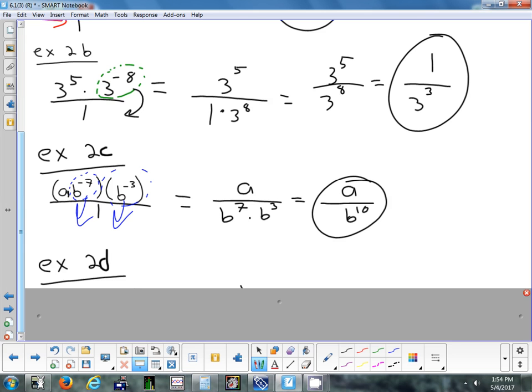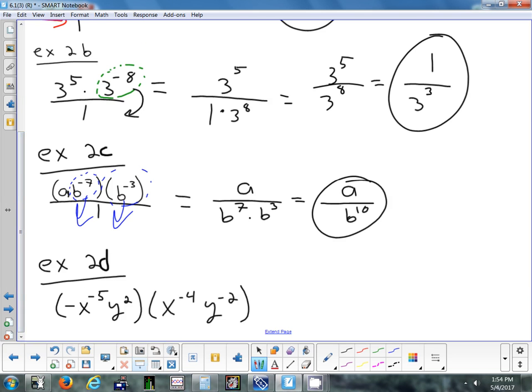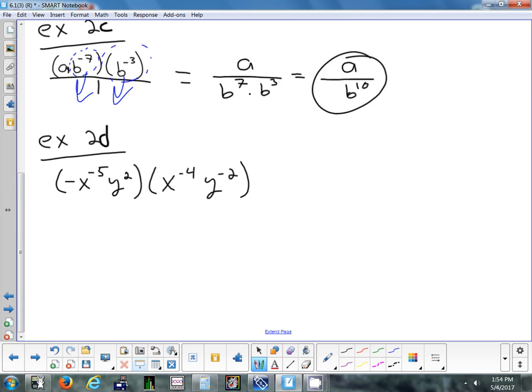Okay, last one for example 2. All right, this time we have how many different things in the top? More than 2. 4. X to the negative 5th, y squared. X to the negative 4th, y to the negative 2. That's 4 different things. We're going to put them all over 1.